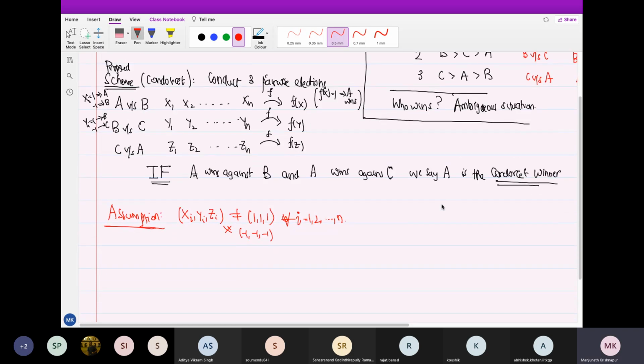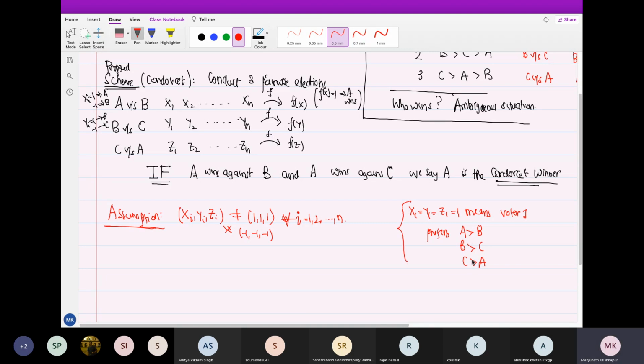Because what does (1, 1, 1) mean? If x1 equals y1 equals z1 equals 1, it means voter 1 prefers A to B, B to C, and C to A. So voter 1 is himself unclear about how to vote.